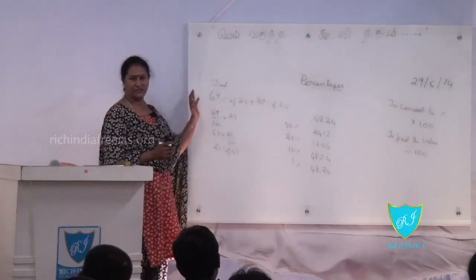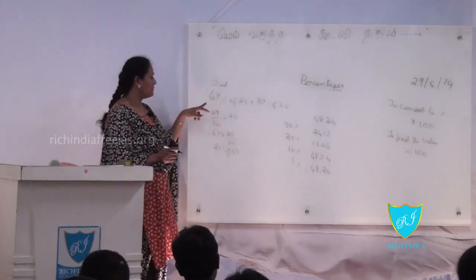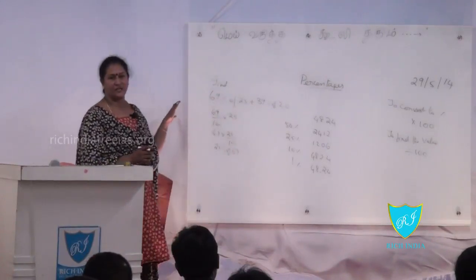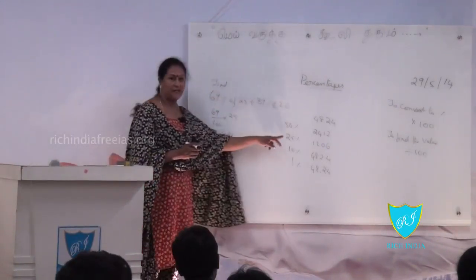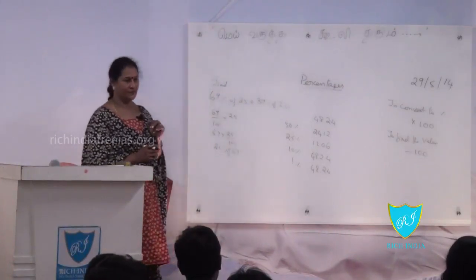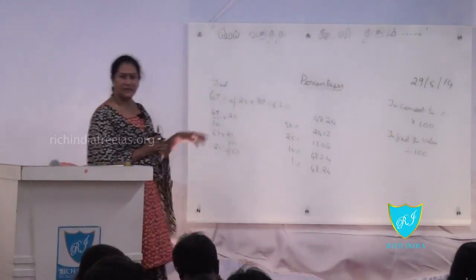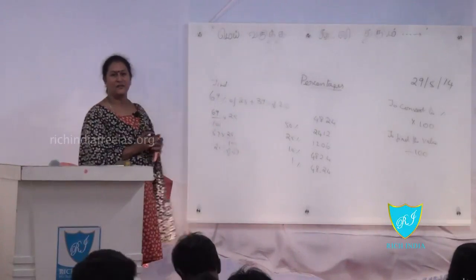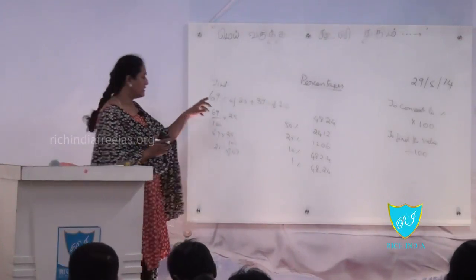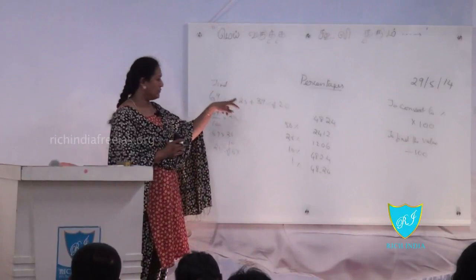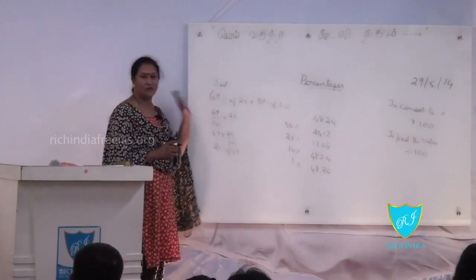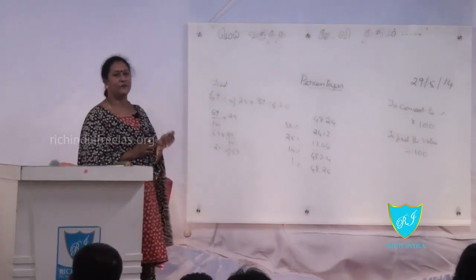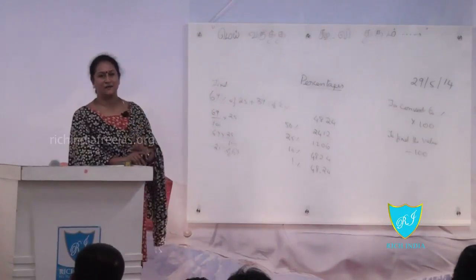So instead of seeing 69% of 25, you see what is 25% of 69. 25% is 1/4. Okay. So you can replace the percentages. For 69% of 25, 25% of 69, both will be the same. So 25%, 10%, simple working for us.